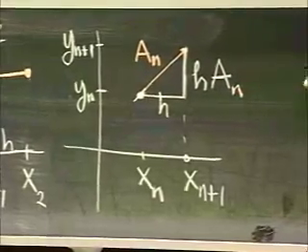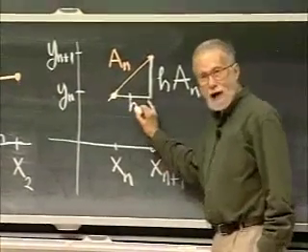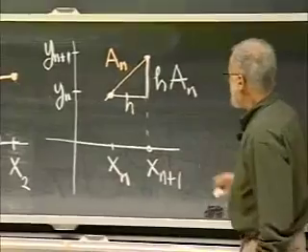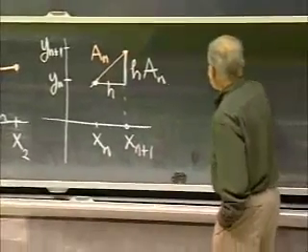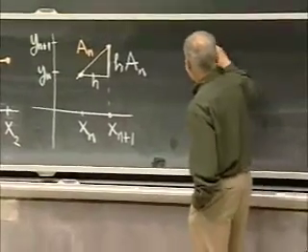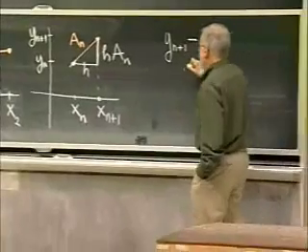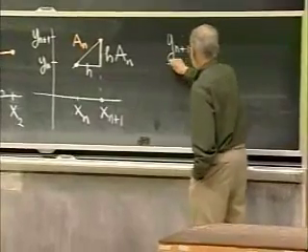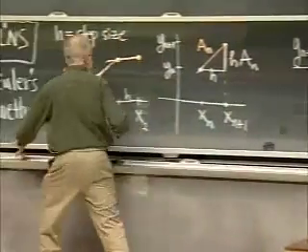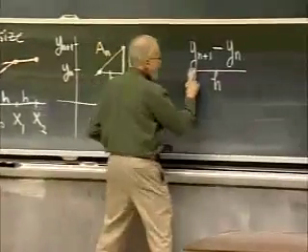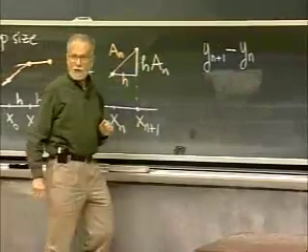To get from xn to xn plus 1, I simply add h. So that's the trivial part of it. The interesting thing is, how do I get the new yn plus 1? The best way to write it is yn plus 1 minus yn, divided by h. Well, yn plus 1 minus yn is this line, the same as the line h times an.